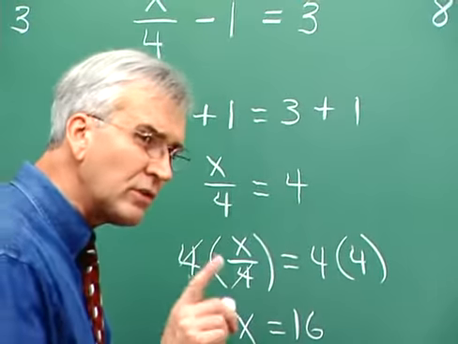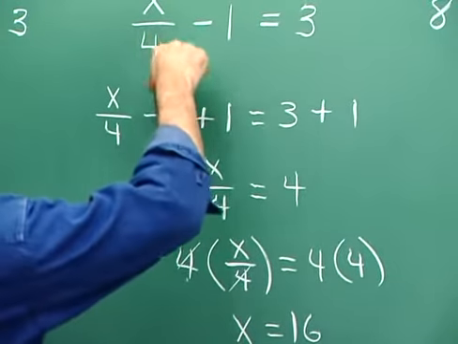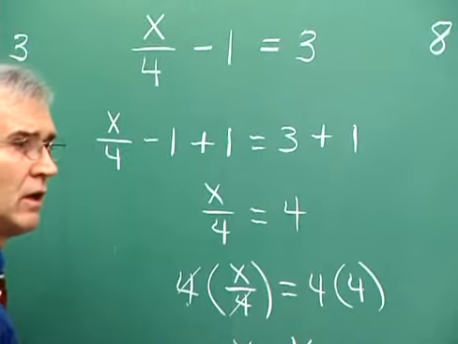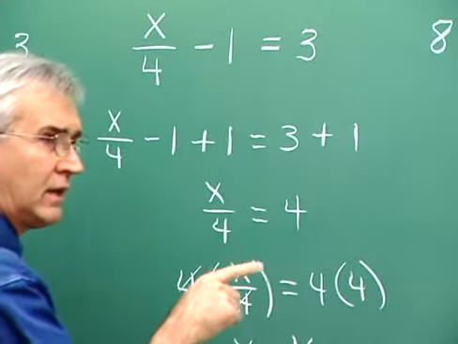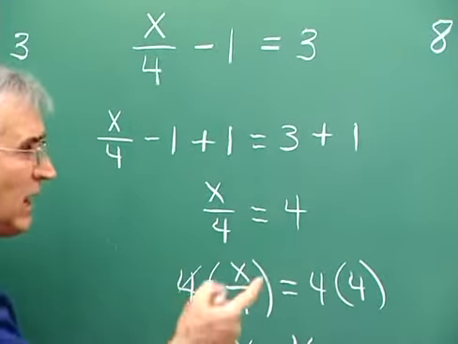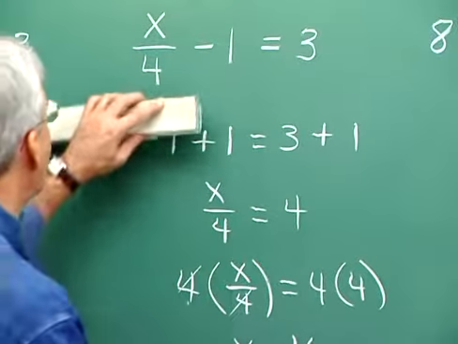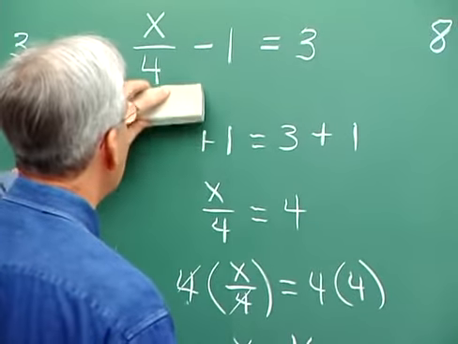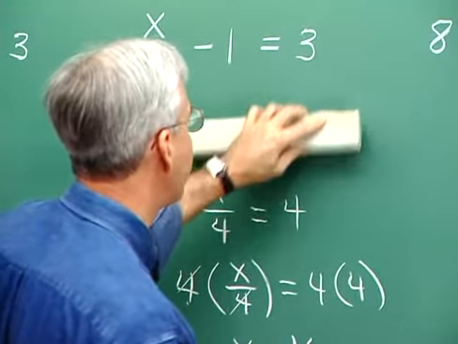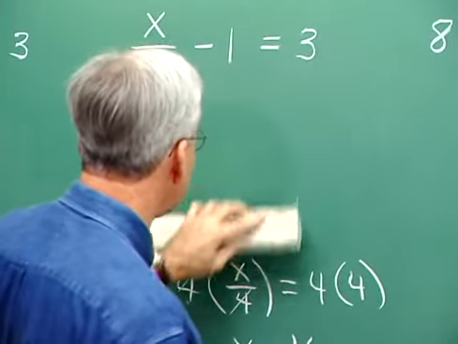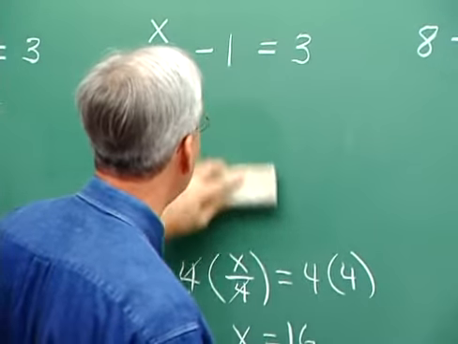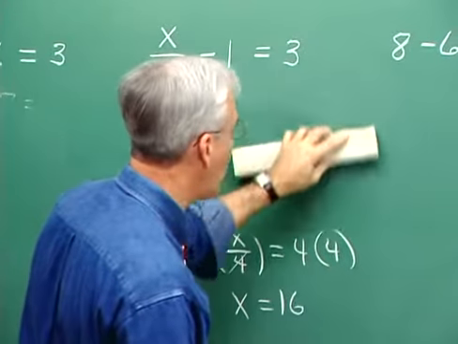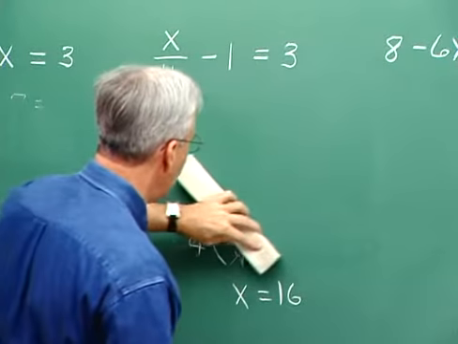Now, there are certain situations involving fractions in equations where another technique will be preferred. Not on this one, but on some other ones. And I want to just show you the technique. The technique involves saying, I've got a fraction in this equation, and I really don't want to mess with fractions.